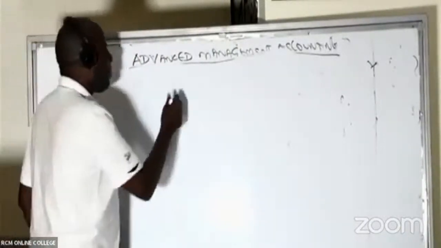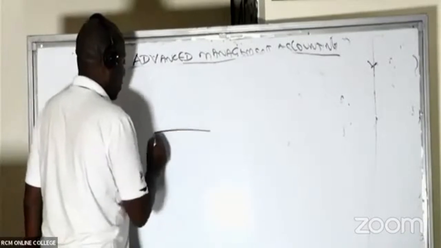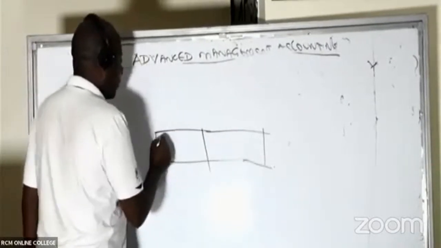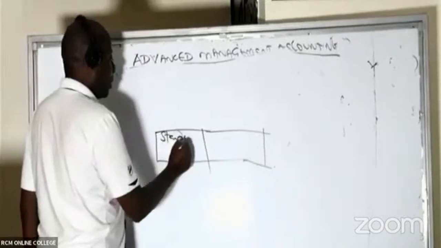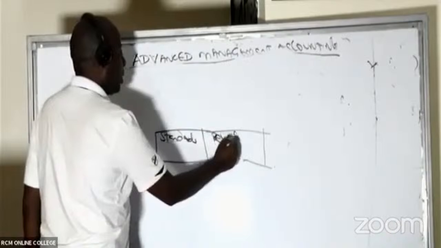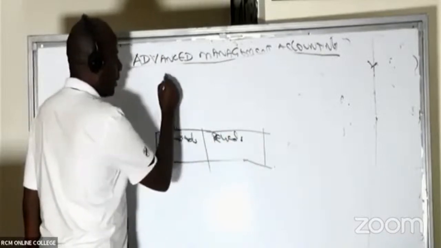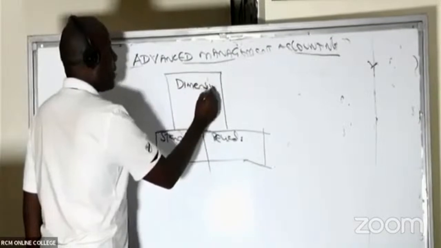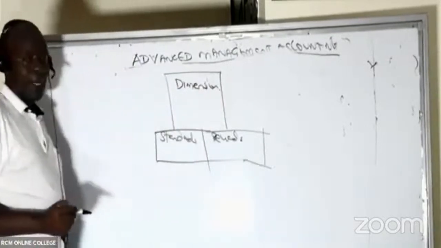Under the building blocks model, we have our 2 blocks down here. The first block is known as the standards block. The second is known as the rewards block. And then we have this other one here, known as dimension.